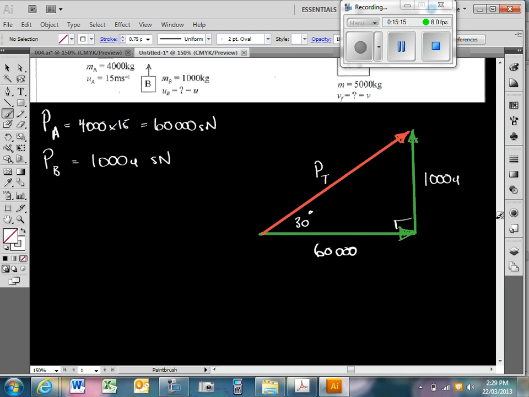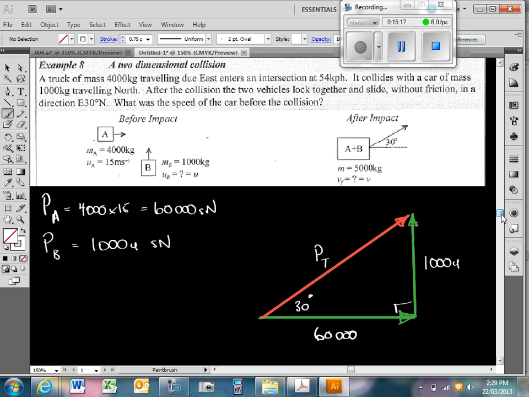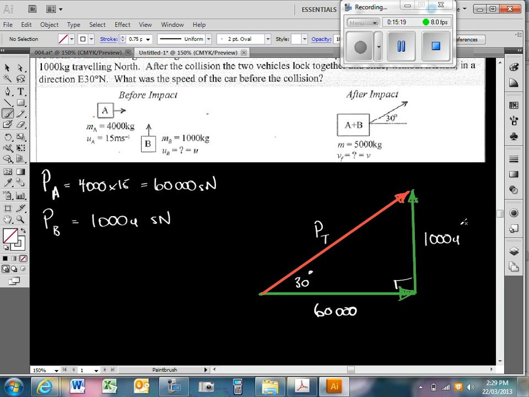How do I find the length of this vector? Is that what we're trying to find, the velocity of the two? No, we're trying to find this u, aren't we, here? So what do we use? Tan 30 degrees equals opposite, 1000 u, over adjacent, 60,000.